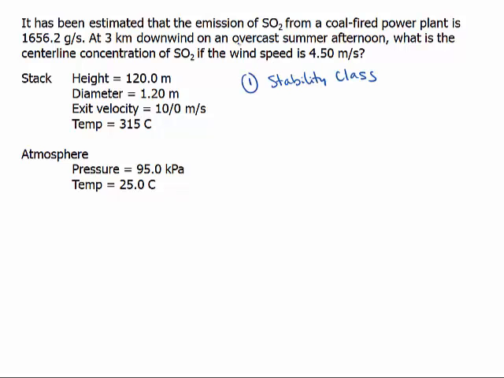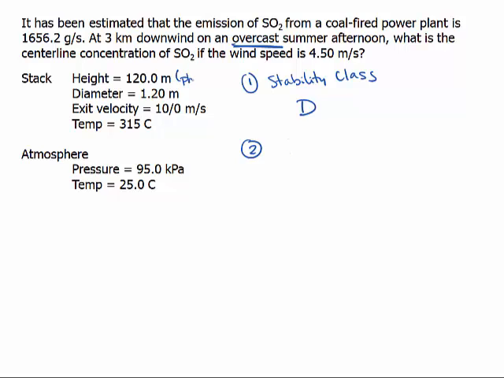In this case, the word overcast tells you that you're going to have a stability class of D, because any overcast day is given the stability class D. The second thing you will do is find the effective stack height.